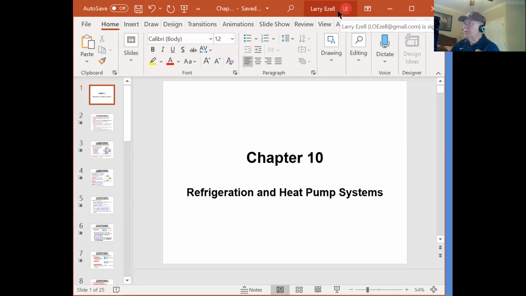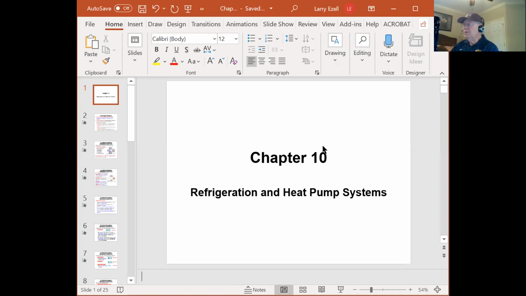Now we will be pretty much just going by the slides. I'll try to throw in a few comments along the way that may make it interesting, but this is chapter 10. It's not the complete chapter 10, but it's the part that you will be responsible for, and it covers the basics. So chapter 10, refrigeration and heat pump systems.